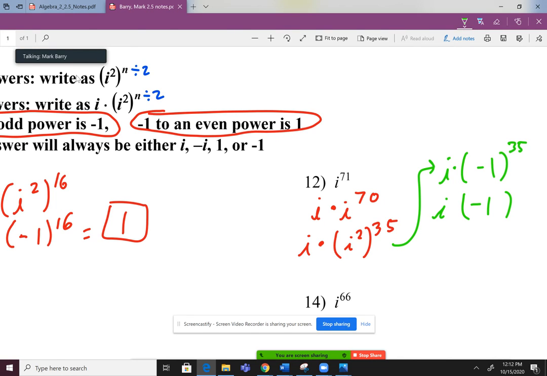Okay, well, I'm not really at one of these 4 answers yet, but I think I have just one more step. What do you think is I times -1? Well, what's 5 times -1? That's -5, right? 10 times -1, -10. So what's I times -1? -I. Is that one of those 4 answers? You're gosh darn right it is.